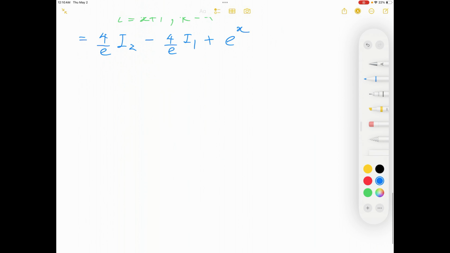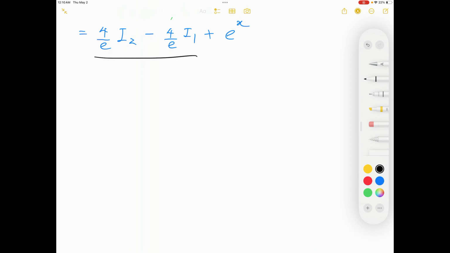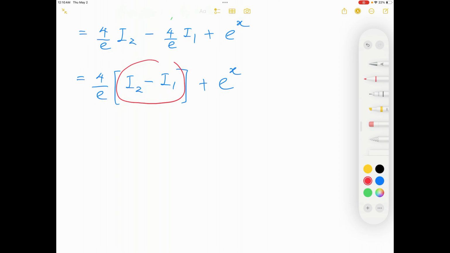Now we can do some nice things. From this first part, I can factor out 4 divided by e. If I do so, I have 4 divided by e times I sub 2 minus I sub 1. Outside, I have e raised to the x. Now, is there a way that we can find I sub 2 minus I sub 1? We can use the result that we previously proved.